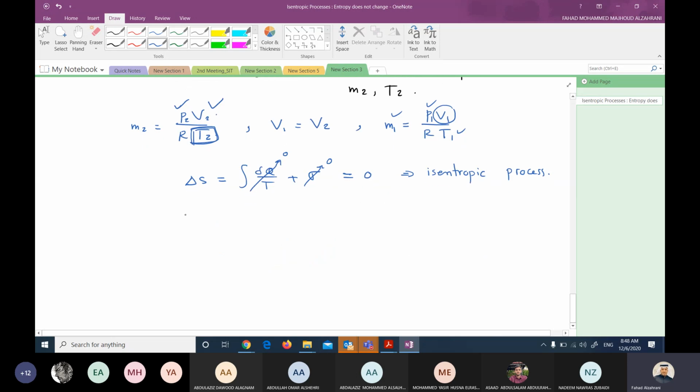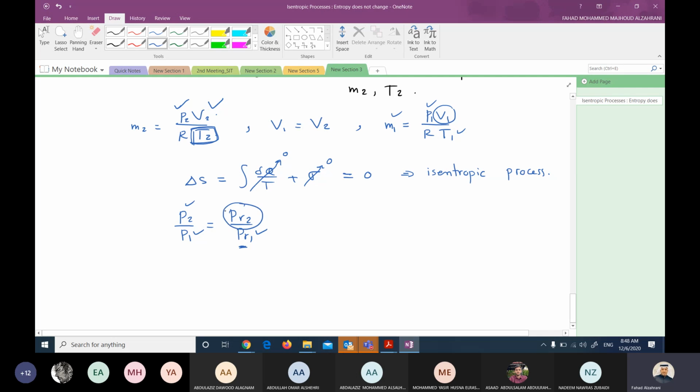Since this is air, an ideal gas, and an isentropic process, I can have P2 over P1 equal PR2 over PR1. I have P1 and P2. I have T1, and from T1 I can find PR1.